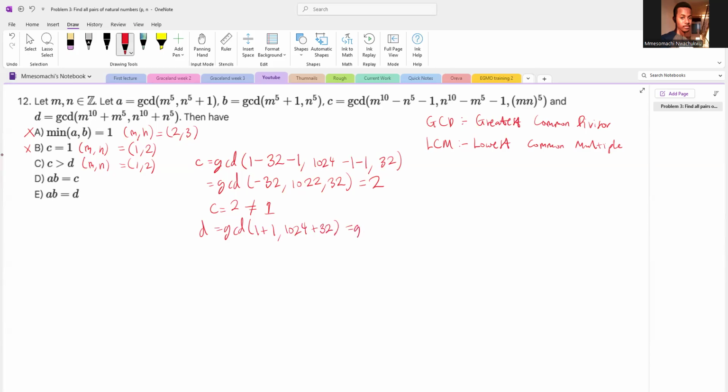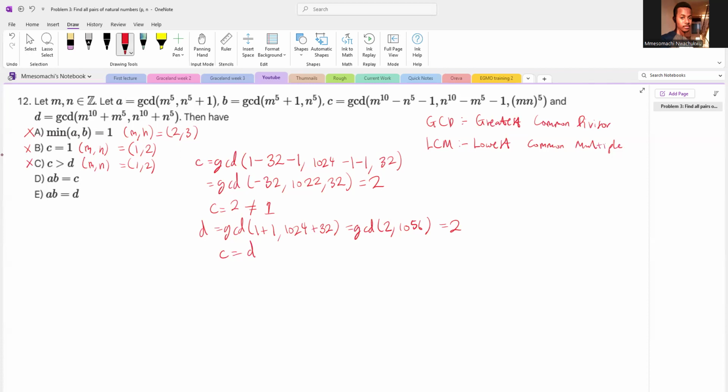So this is the GCD of 2 and 1056, which is equal to 2. So we have C equal to D here. So C is not greater than D. So you see that option C is wrong.